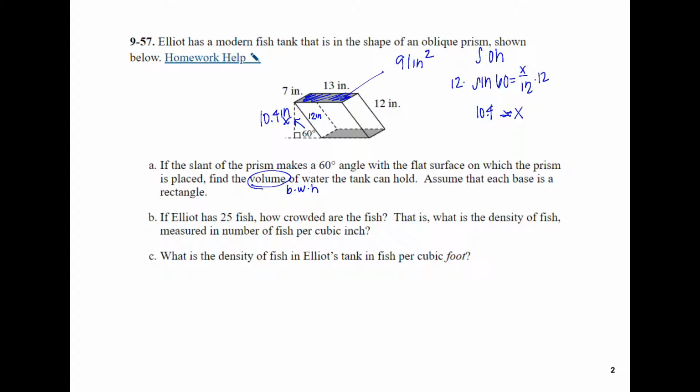So when we multiply that, we have 7 times 13 times 10.4, which gives us about, remember it's not equal to because we rounded our decimal, 945.7 cubic inches.